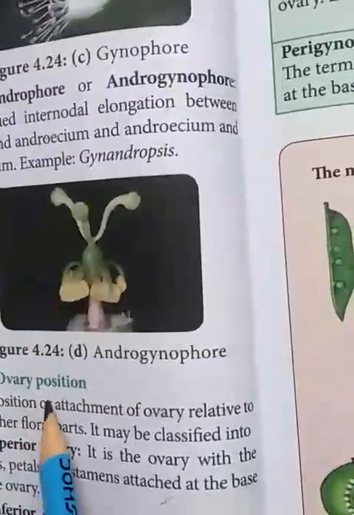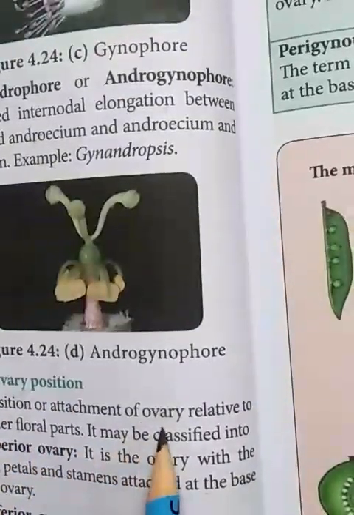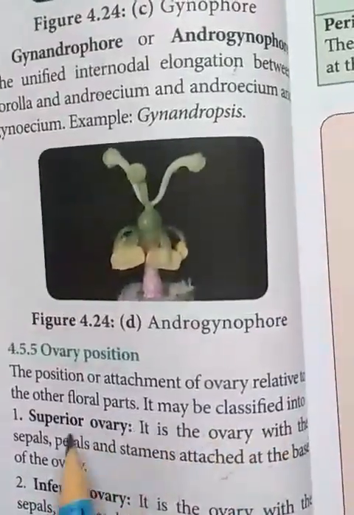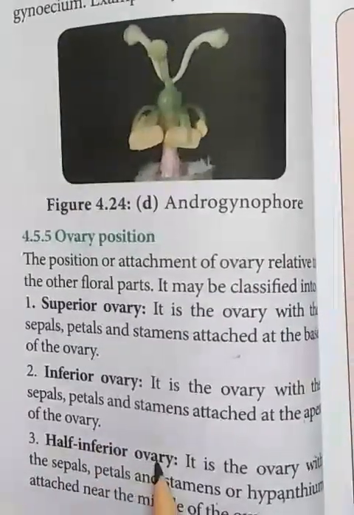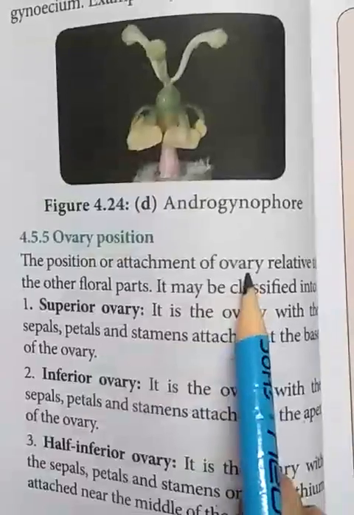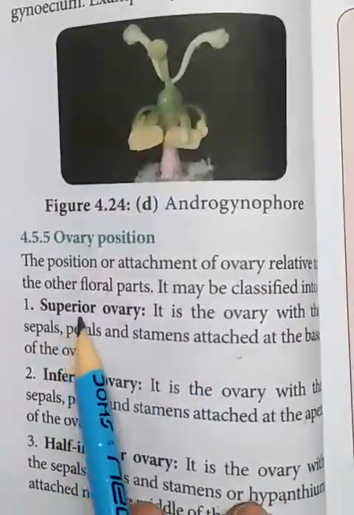Next we will study the ovary position. The position or attachment of the ovary relative to the other floral parts may be classified into superior ovary, inferior ovary or half inferior ovary. The first one is the superior ovary.